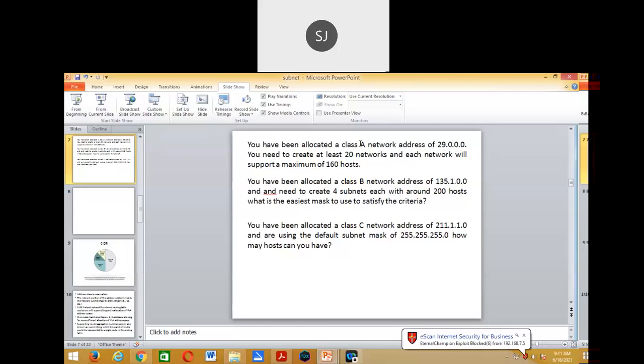Marnath, I am asking the number of bits. I am not asking the solution for class A. Yesterday we saw class A, class B, class C. For class A, how many bits are used for network ID? How many bits are used for host ID?